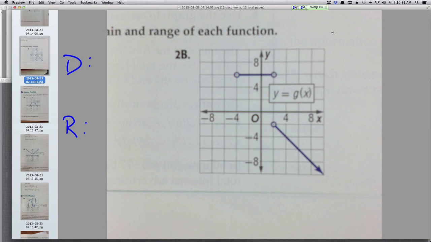Domain, -4 to infinity. Is that what you're telling me? So you're saying the domain would be from -4 to infinity. All right, how are you going to write that? -4, infinity. Do you want a parenthesis or a bracket on -4? I want a parenthesis, and that would also be parenthesis. Does anybody agree?